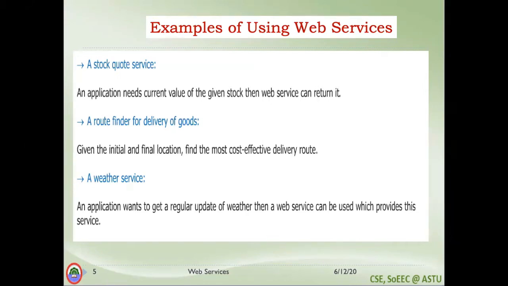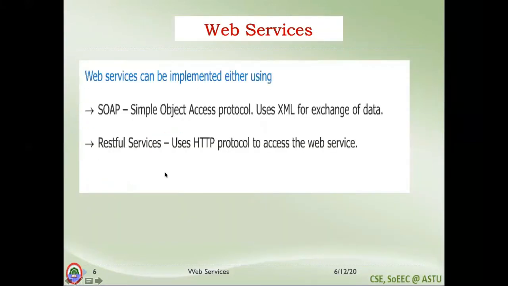If you want to expose your services to a large community, then we can use web services, particularly for stock exchange, delivery of goods, flight booking systems, weather information services, maybe some kind of marketing information. Wherever you want to expose your functionality to a very large community, you can use web services.